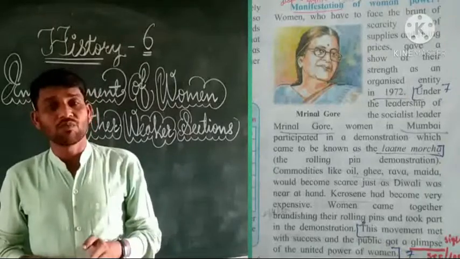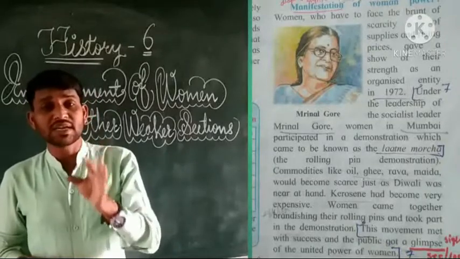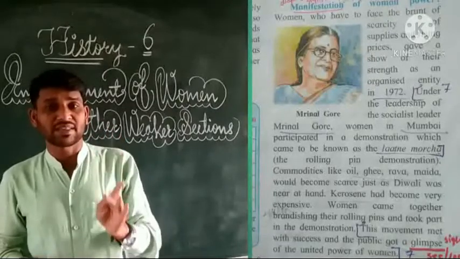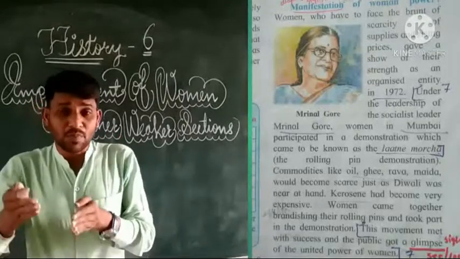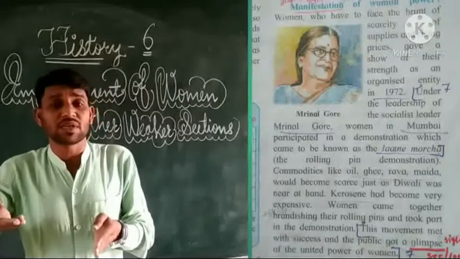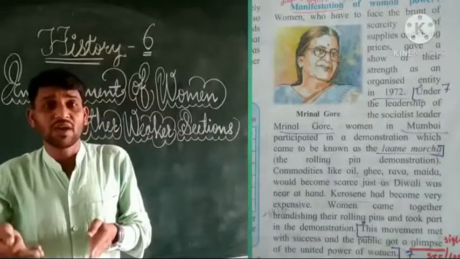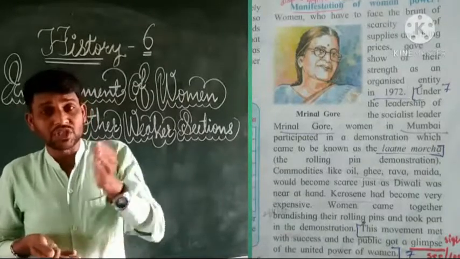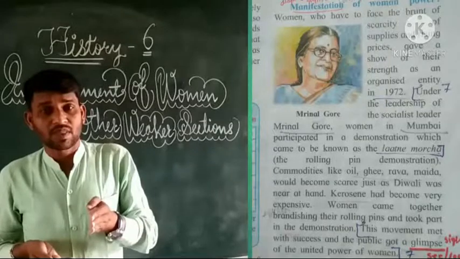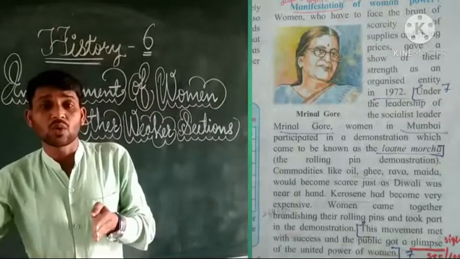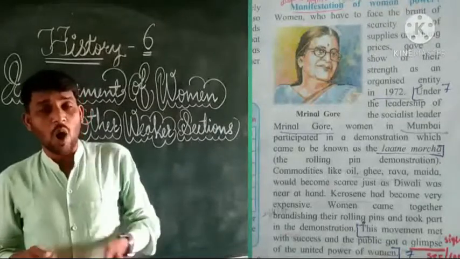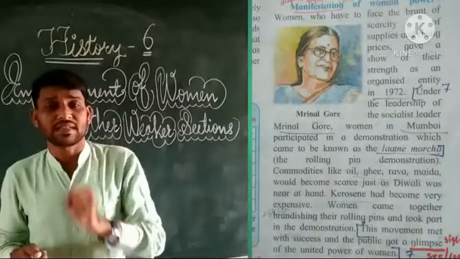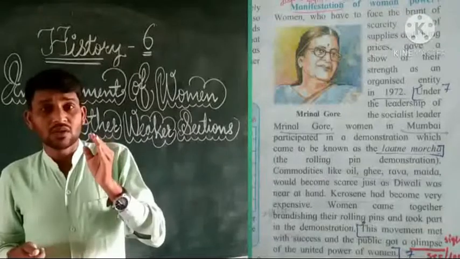The prices of commodities like ghee, oil, kerosene, rava, maida, etc., these day-to-day things, had greatly increased, and with Diwali very close, all the prices went up.